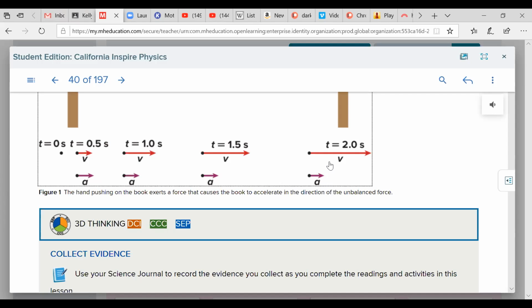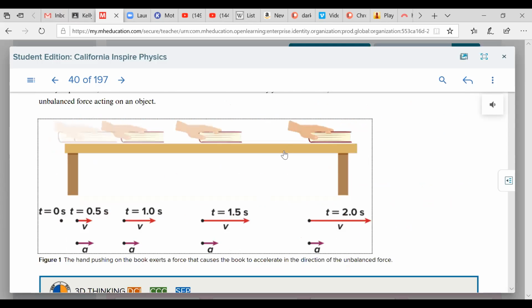Velocity and acceleration are in the same direction. Yes, perfect. Thank you, Rita. So the velocity and acceleration are in the same direction. When they're in opposite directions, it's slowing down. And in this case, with forces, we're going to be analyzing the cause of motion, which are forces.